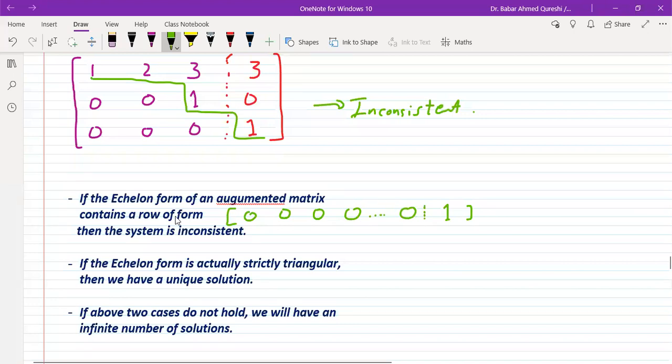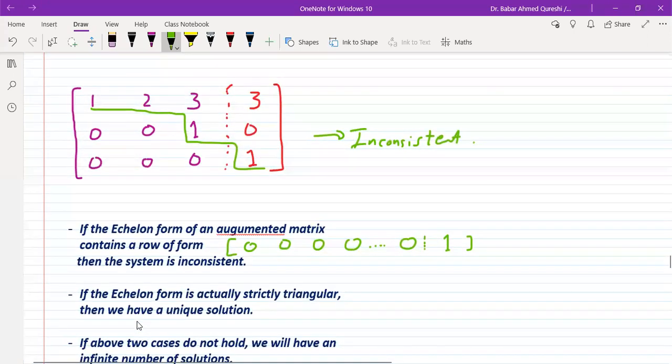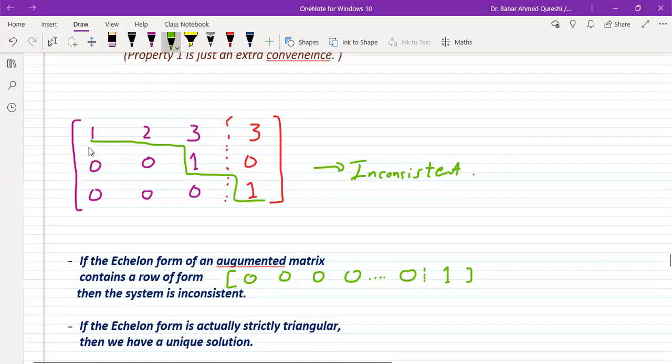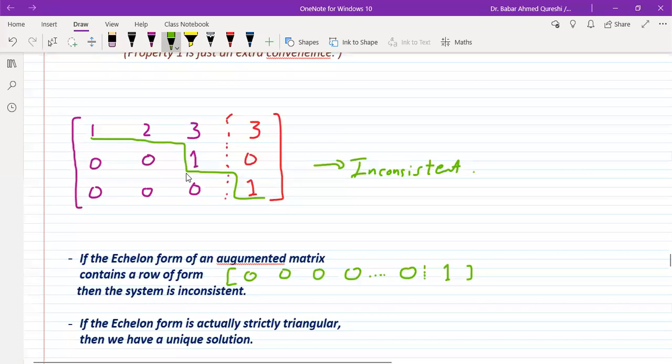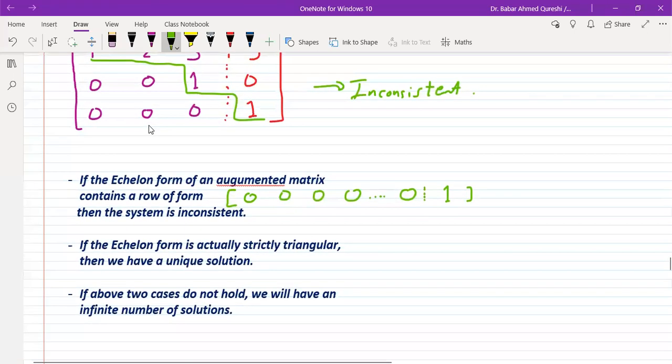And a strictly triangular matrix which has ones on its diagonal is echelon. If you find that kind of echelon form, then that means you will have a unique solution. If the above two cases do not hold, and you don't have a strictly triangular matrix, you go a few steps before you fall down, then you will have an infinite number of solutions, because then you will have free variables.